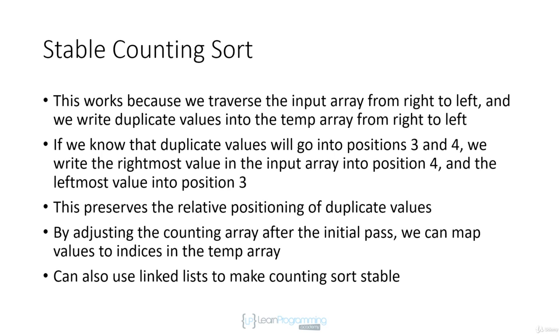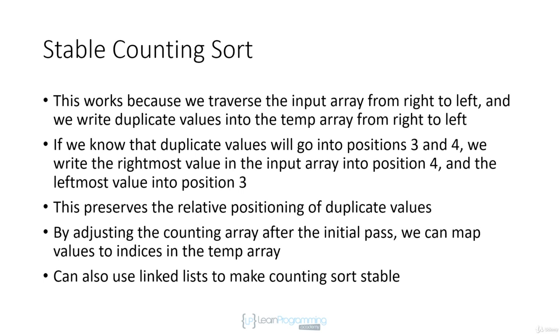And so by adjusting the counting array after the initial pass, so that instead of storing just the raw counts, we store how many values have that value or less. So for us, it was how many values have a specific digit or less in the tens position. We can use those adjusted counts to map values back to indices in the temp array.